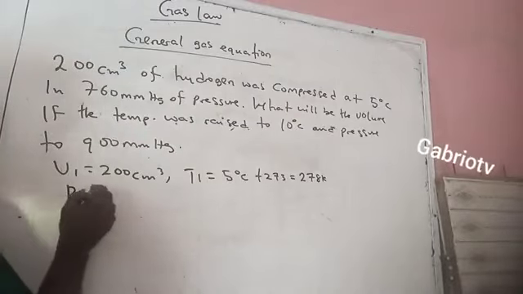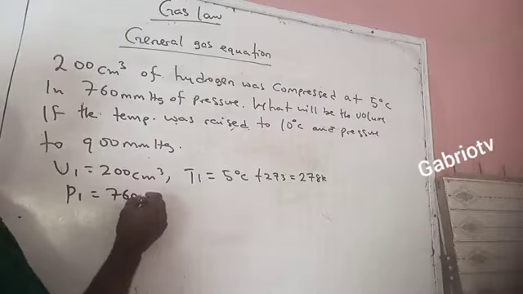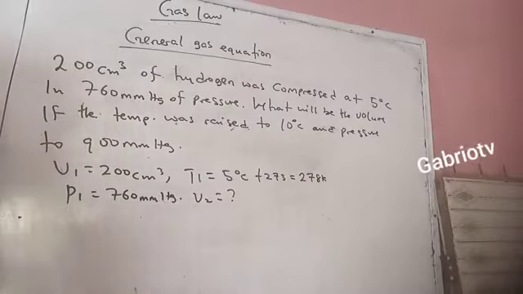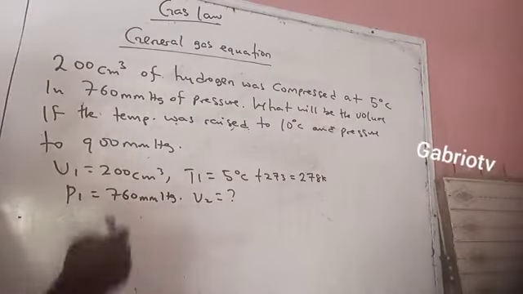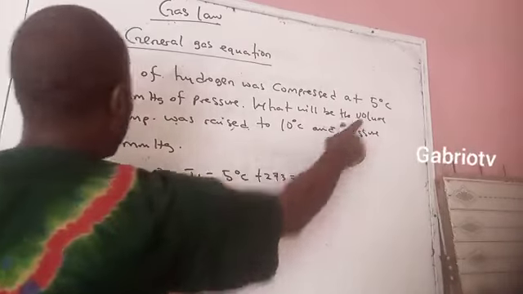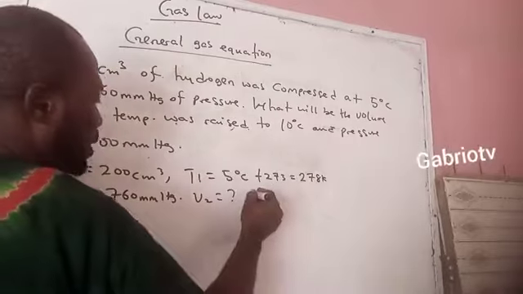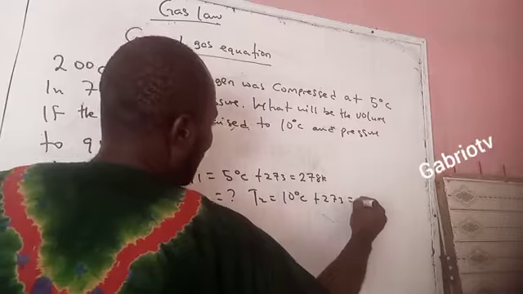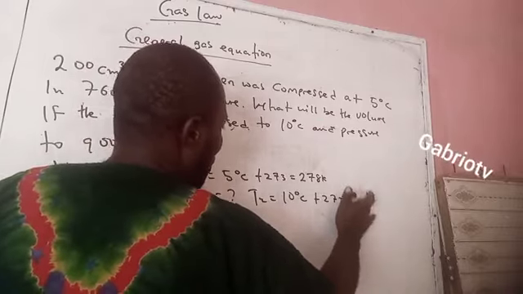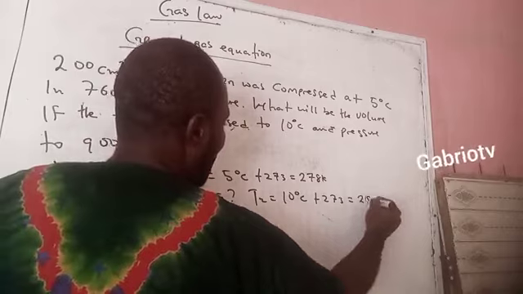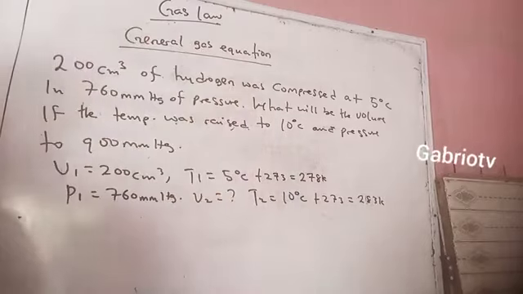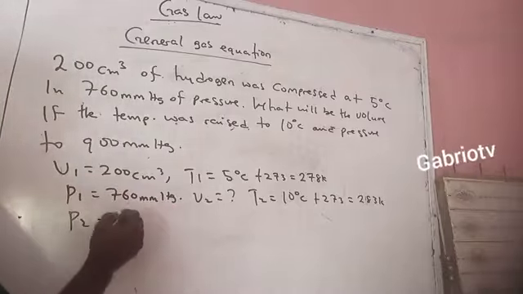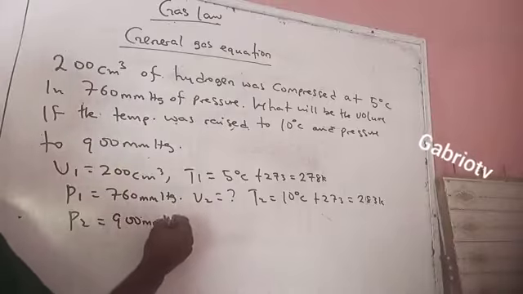Then I have P1 equals 760 mmHg. Then they ask us what the volume is. That's V2 equals question mark, because that's what we're looking for. If the temperature was raised to 10, we have T2 equals 10 degrees Celsius plus 273, which is 283 K. Then the last pressure, P2, is 900 mmHg.